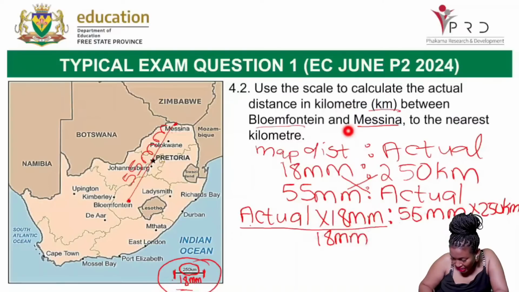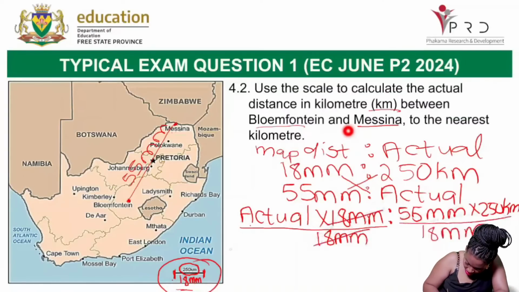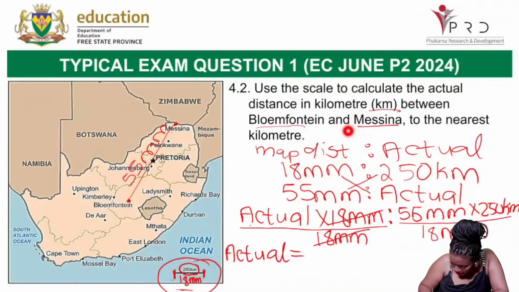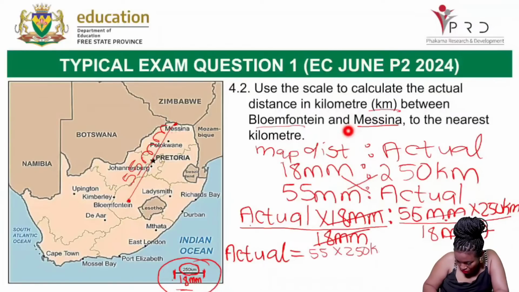When I do this side, I must also do on the other side. And then the 18 millimeters and the 18 millimeters, they cancel. I'm left with the actual equals to, look at this, the millimeters. So this millimeter will cancel that millimeter. So what am I left with? I'll be left with 55 multiplied by 250 kilometers divided by what?